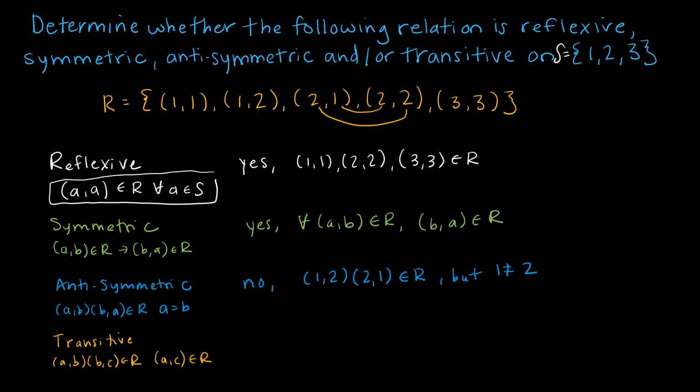Does that imply 2, 1 is in the relation? Yes. And then of course 3, 3 and 3, 3 implies 3, 3 is in the relation. So while it's a real pain to check them all, that's what you have to do. So we can say yes: for all A, B and B, C that are in the relation, that implies that A, C is in the relation.